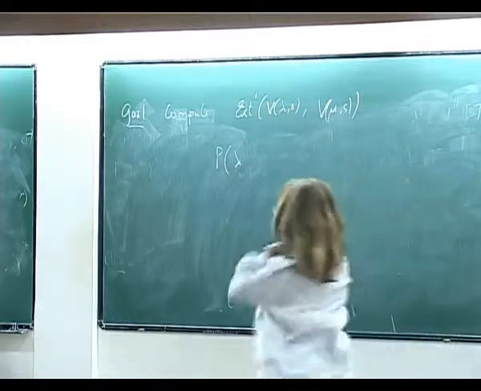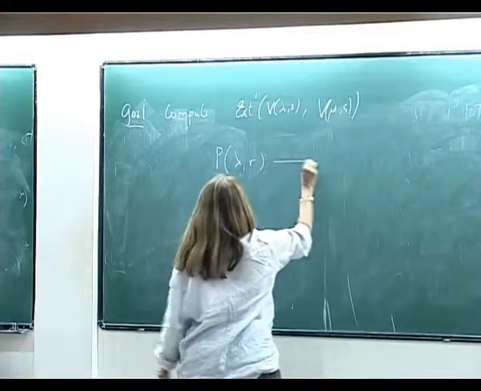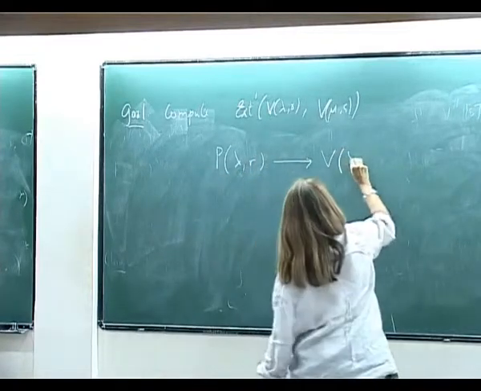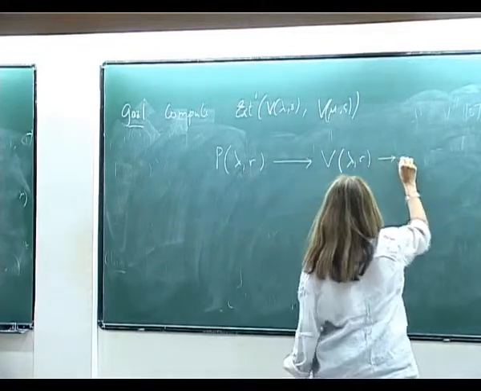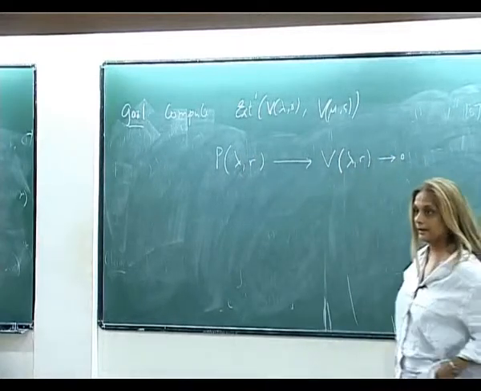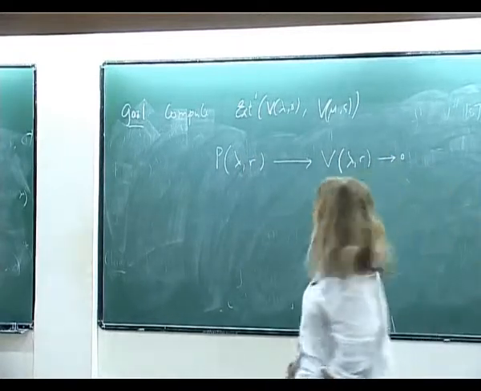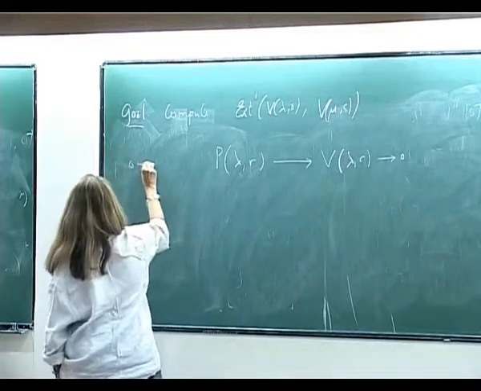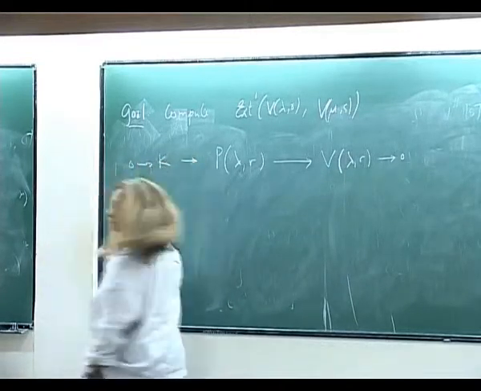So I'll start with my projective module. I have P lambda r to V lambda r. And then I have my kernel.